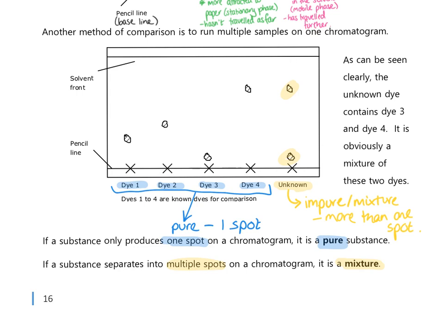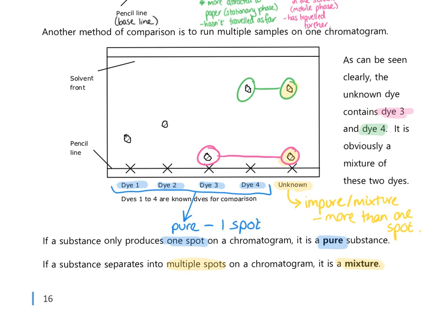So if it's in line with one of the other spots, then that shows it contains that particular component. So you can tell that it contains dye 4. And if we look at the other spot down at the bottom and try and match that up, we can see that it also contains dye 3. So you can see that it contains dye 3 and dye 4 by comparing the spots.